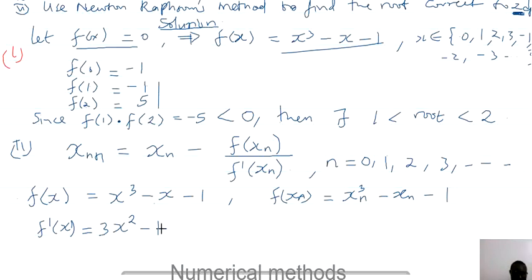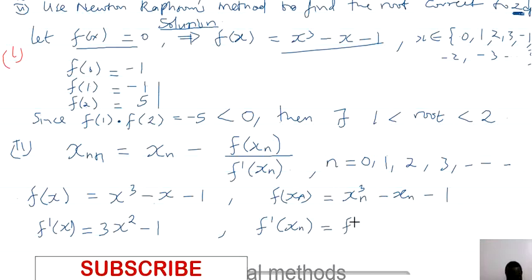So we have this, and from there we go ahead and get f derivative of x_n. Just like for this one, we are going to plant the n's. So we shall have f derivative of x_n is equal to 3x_n power 2 minus 1.